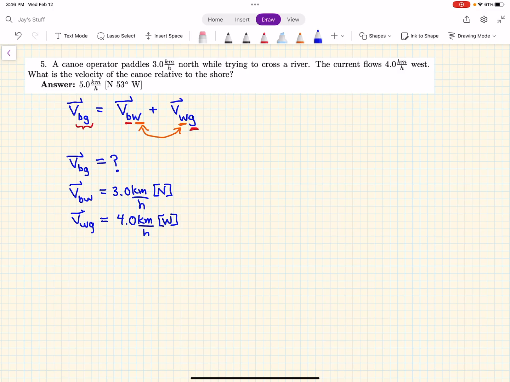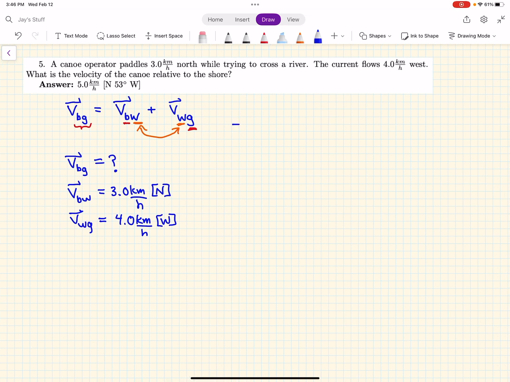So the way I think of this is, if we imagine this situation, so here's our river. We've got our north, south, east, and west. We have a boat, and the boat is trying to go, they're pointing straight across relative to this water and moving. So this is boat to water is 3.